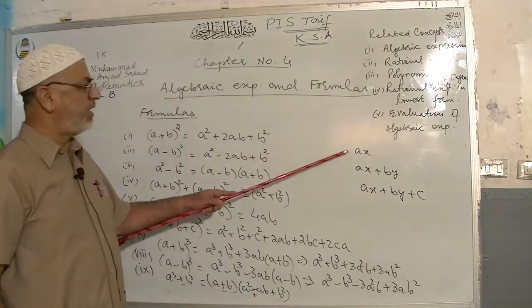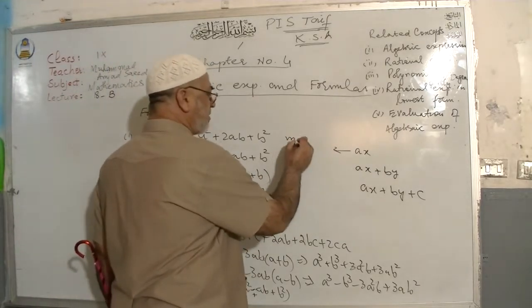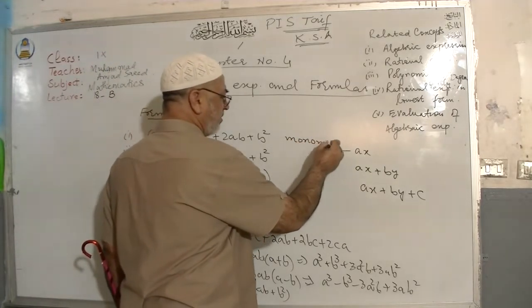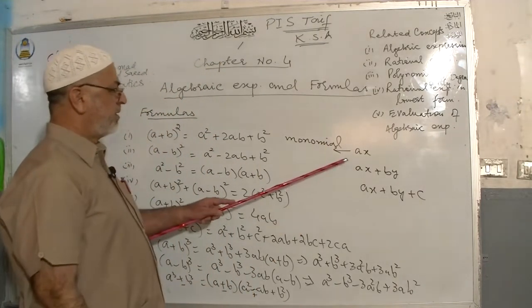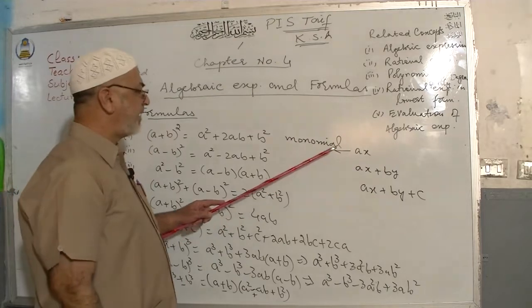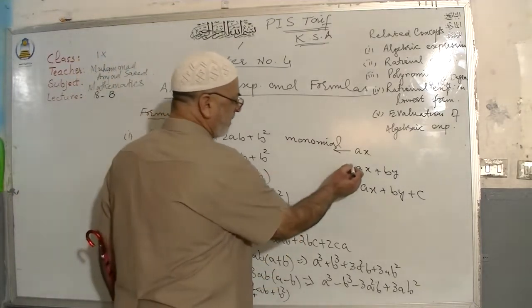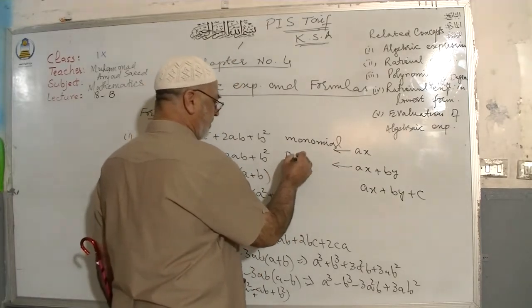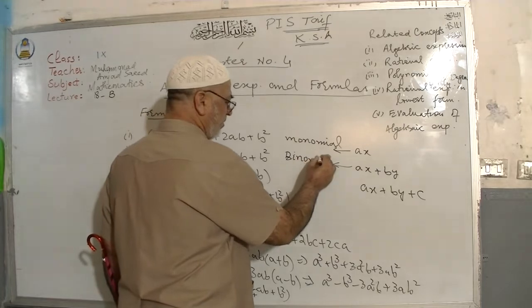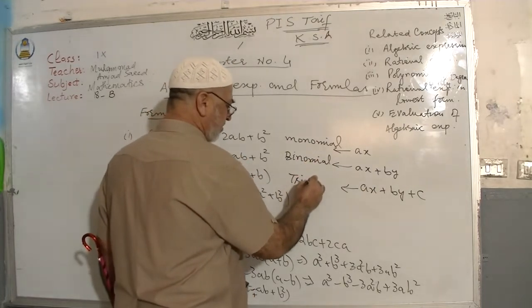The polynomial containing only one term is known as monomial. The polynomial containing two terms is known as binomial. And the polynomial containing three terms is trinomial.